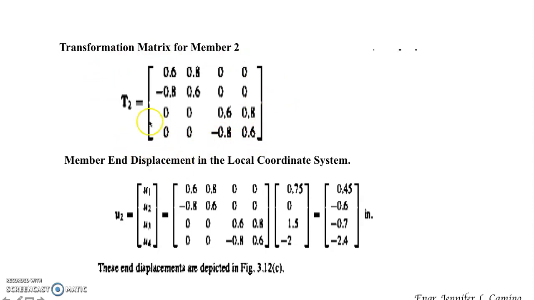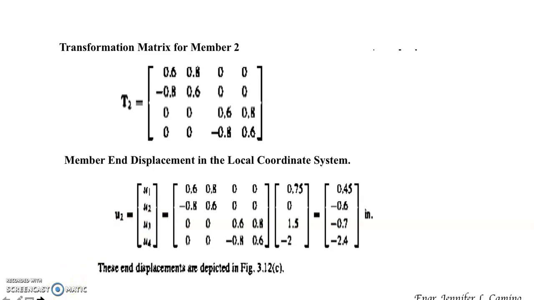Then after that, we can get the member end displacement in the local coordinate system. So of course, U sub 2 is equal to T multiplied to our V. Once you simplify this, you have the simplified form. This is the value for U1, U2, U3, and U4 for member 2.